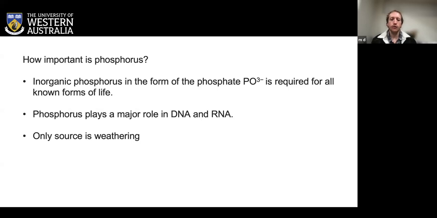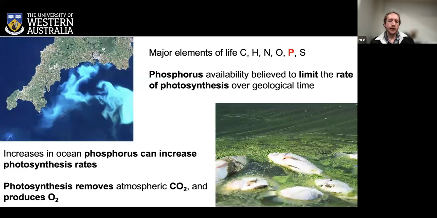As far as we know, all life forms require phosphorus. It plays a major role in DNA, RNA, so without it, we wouldn't have any life on Earth. And phosphorus only has one major source, which is weathering of rocks. Okay, and that's a big thing.